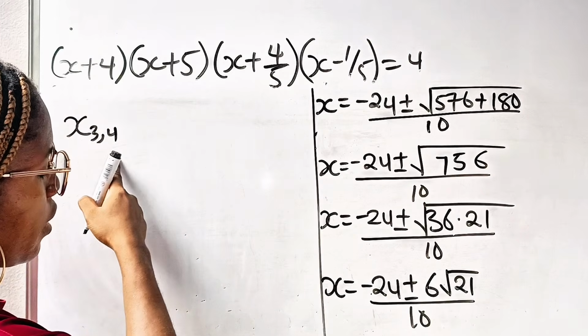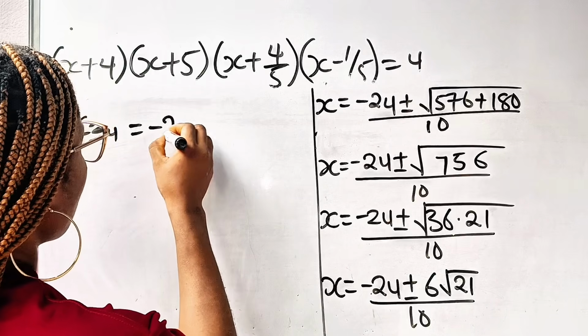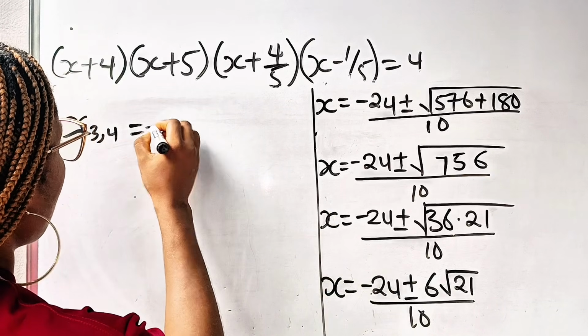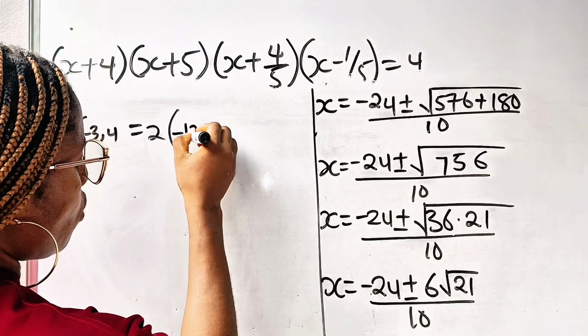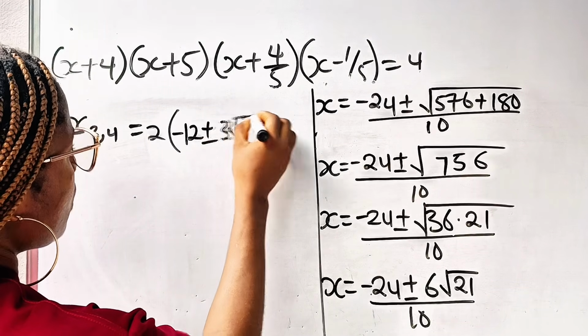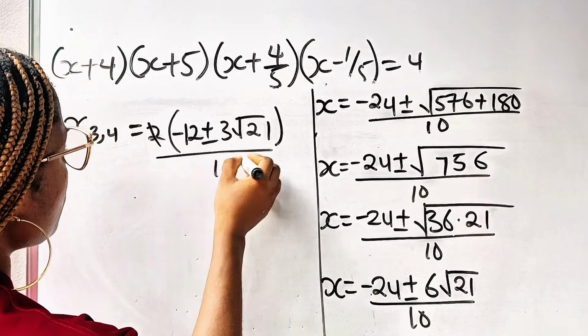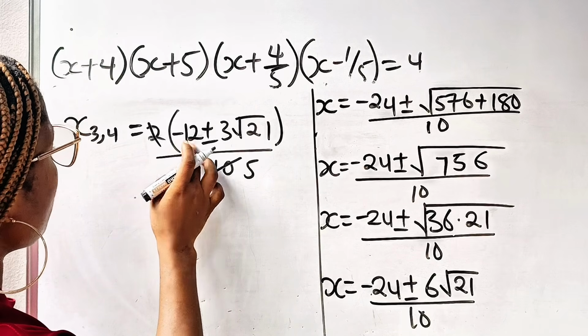So simplifying this further, the third and the fourth value of our x will be equal to minus 24. Okay, now I can factorize 2 from here. 2 bracket minus 12 plus or minus 3 root 21, right? Divided by 10. Now until we go into this, we have 5. 2 can actually come out from here again.